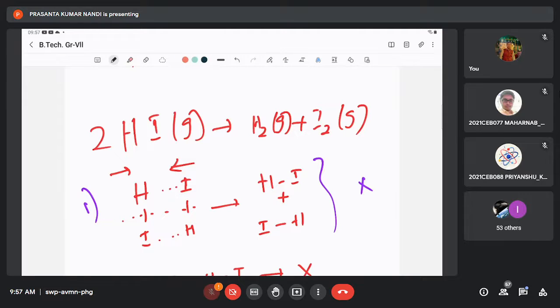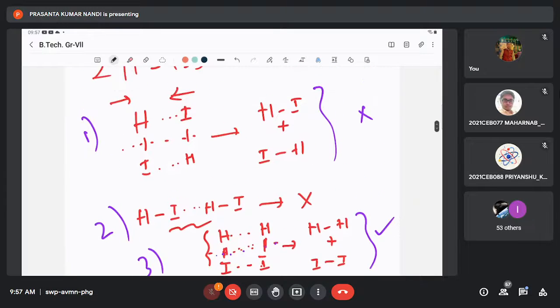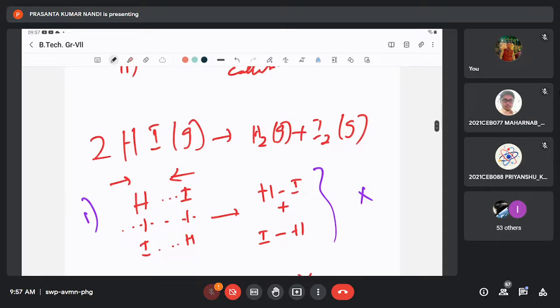Although the thermal decomposition of HI seems more favorable compared to HBr, the overall rate of this reaction is very small because of these different types of orientation factors. Okay, so that's all.